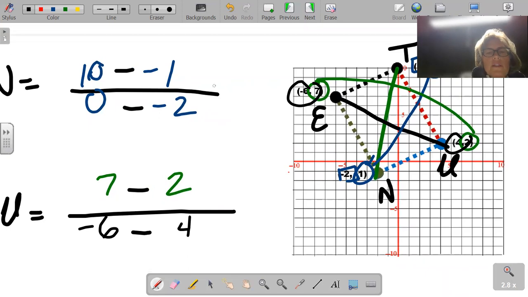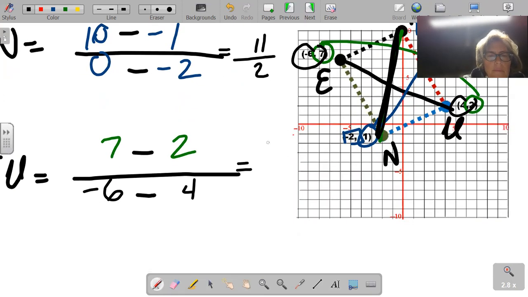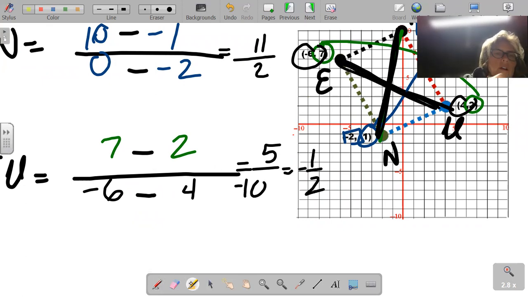Do the slope here. That's double negative makes a positive. So T to N, the slope is positive, which we expect. Left to right going up. 11 over 2. This one, 5 over negative 10, negative 1/2, which we'd expect going down, left to right.